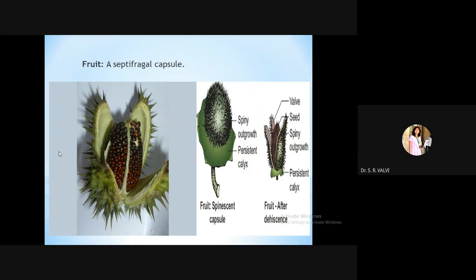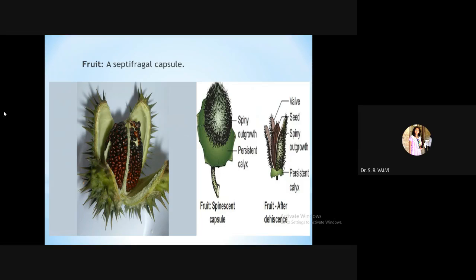That is a legume fruit. In case of follicle, the fruit opens only along one single dehiscing line. Only one suture is present, and the best example is Calotropis. That is a follicle. If two, it is a legume, and if more than two sutures are present, then the type of fruit is capsule.